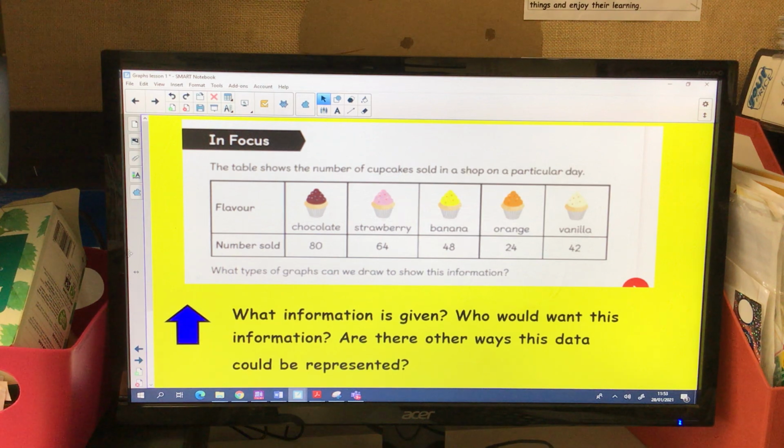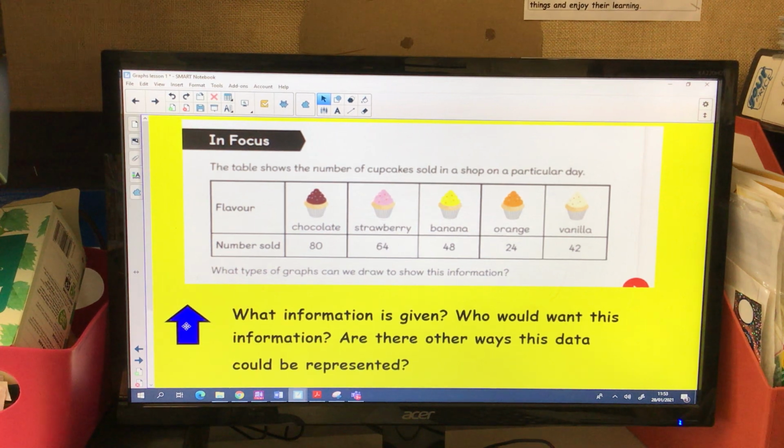Who might want that information? Well, if you were working in the bakery, you might want to know the number of cupcakes that were sold. Why would you want to know that? Well, if you knew how many were sold each day, you could then work out how many you'd need to bake for the following day. What are the popular flavours?